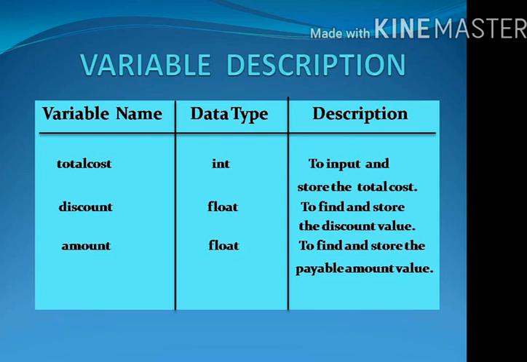Next, discount. The data type is float, to find and store the discount value. The third one is amount. The data type is float. The description is to find and store the payable amount value.